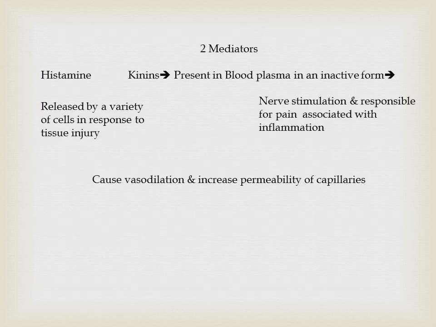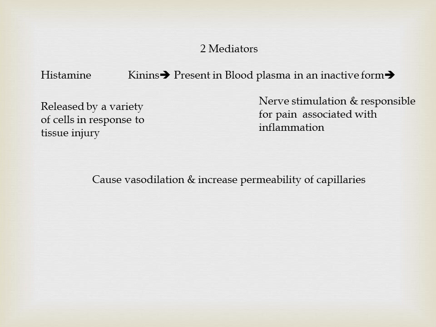Now there are two mediators, one is histamine and another is kinins. Whenever there is tissue injury, histamine is released by the cells. If there is a tissue injury, the cells present there will release histamines. Kinins are present in the blood plasma in the inactive form.